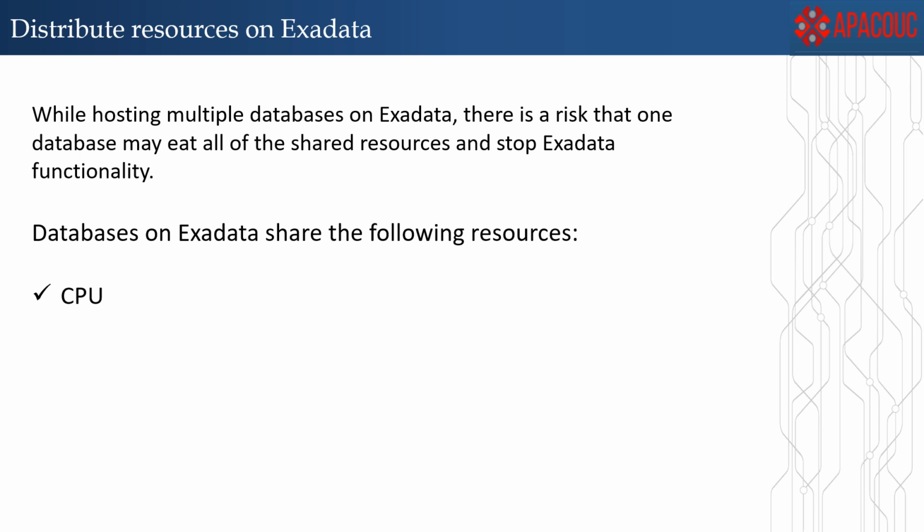While hosting multiple databases on Exadata, there is a risk that one database may eat all of the shared resources and stop Exadata functionality. The shared resources are CPU, memory, and I/O.